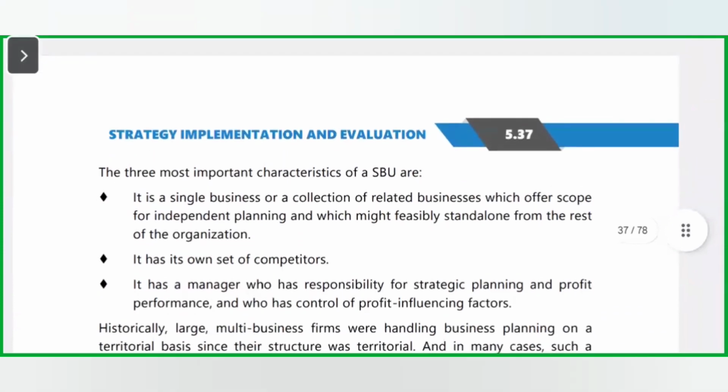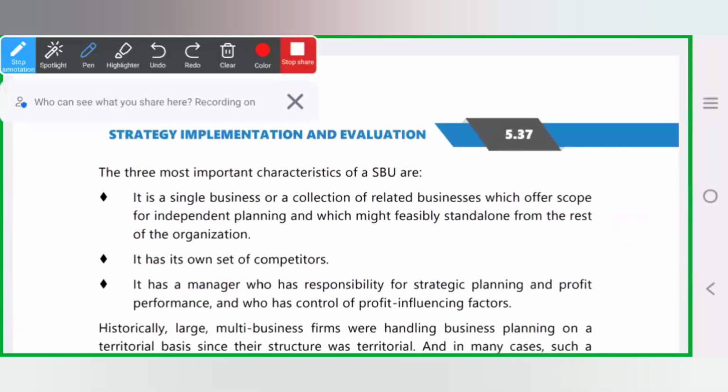Three main characteristics here are: a single business or a collection of related businesses offers scope for independent planning. It has its own set of competitors. It has a manager who is responsible for strategic planning and profit performance, who has control of profit-influencing factors.